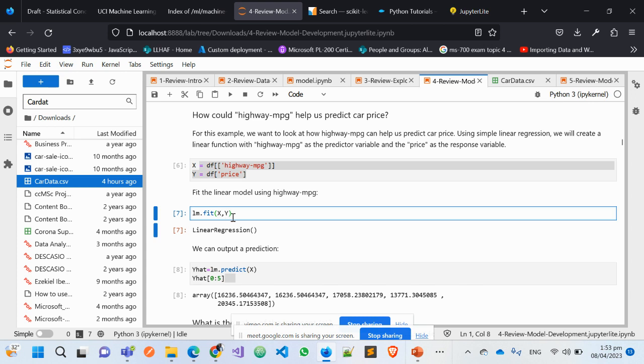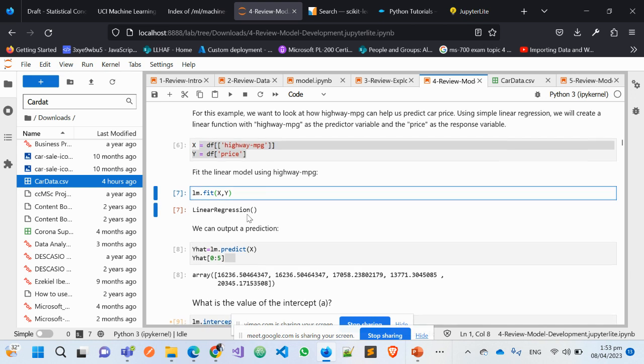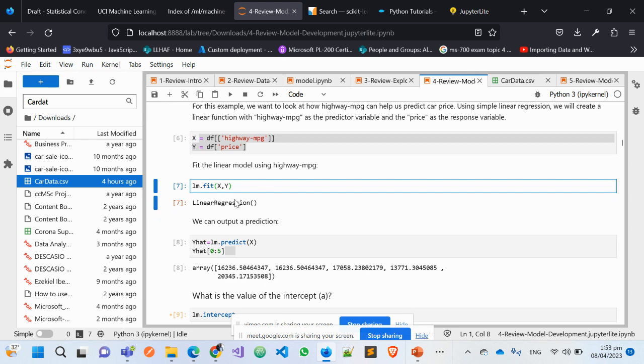The two arguments are the dependent variable and the independent variable if it's for simple linear regression. But if it's for multiple linear regression, it's going to have the dependent variable and the independent variables. The price is the dependent variable.